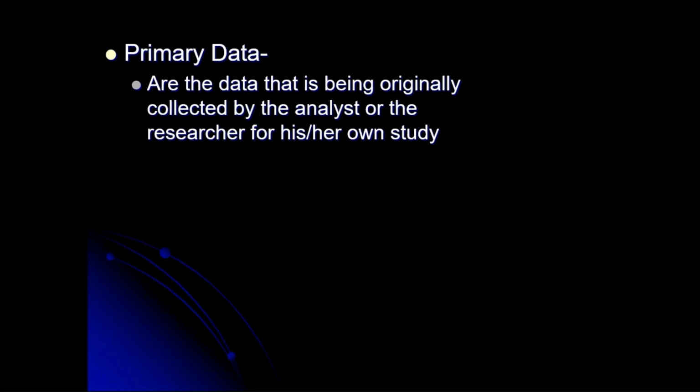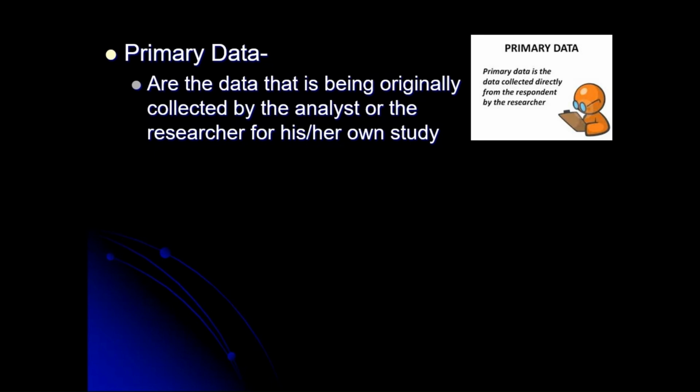If someone is collecting data originally for his or her own study, we call that data the primary data. Unprocessed data you originally collect for your research or for your analysis.